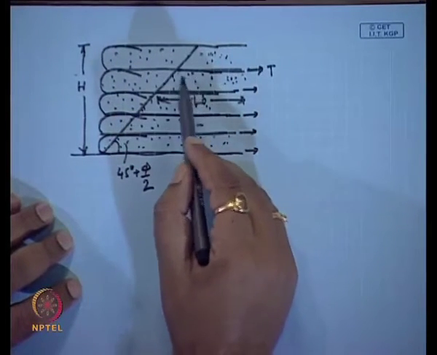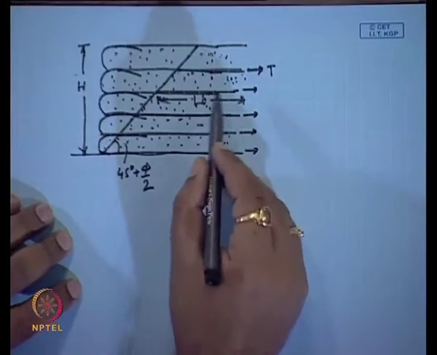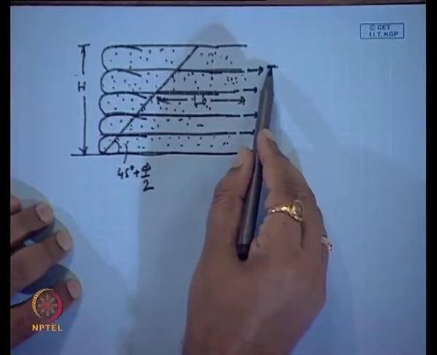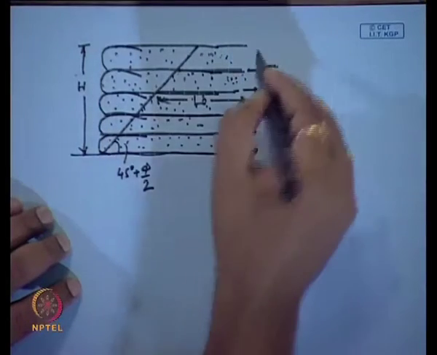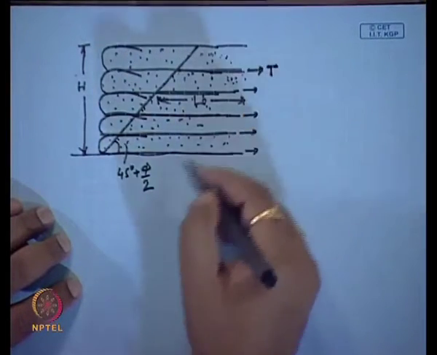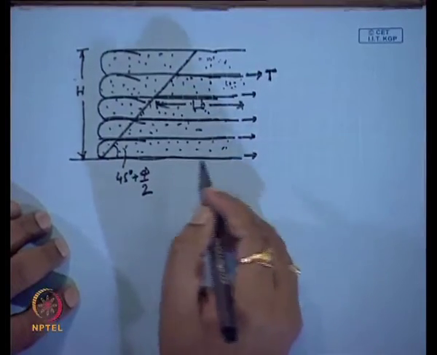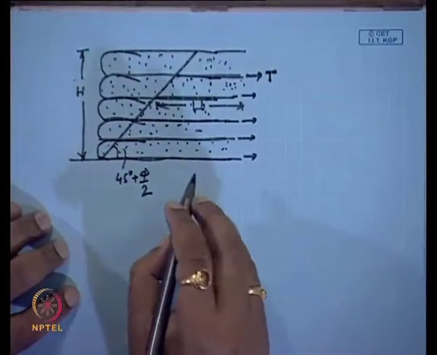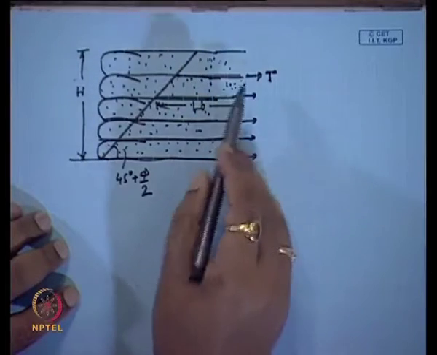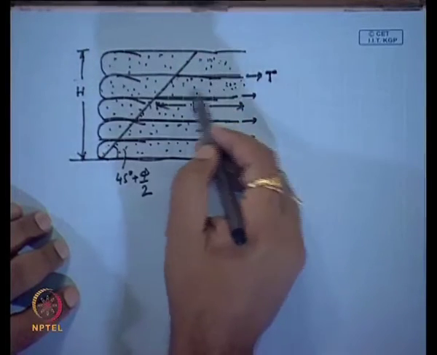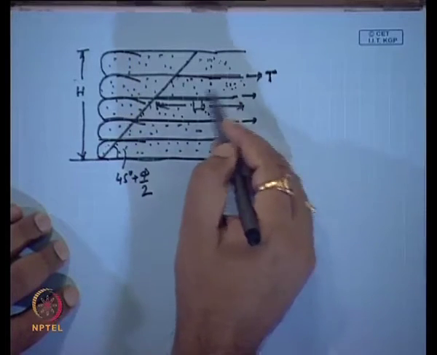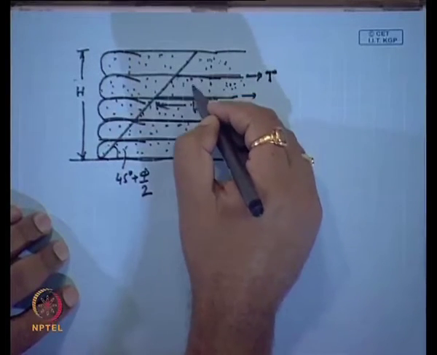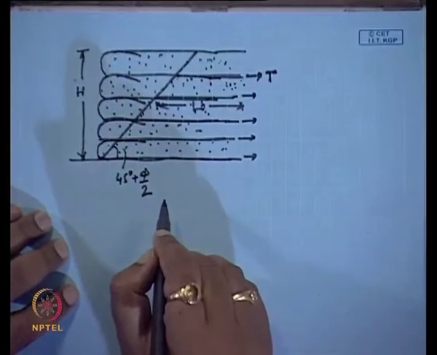This reinforcement should be sufficiently strong so that it can take this tension. That is also very important. That is why you have to choose the material property such that it can take the tension induced within the geosynthetic, and this tension mobilized within the geosynthetic is developed because of the friction between the soil and the geosynthetic.